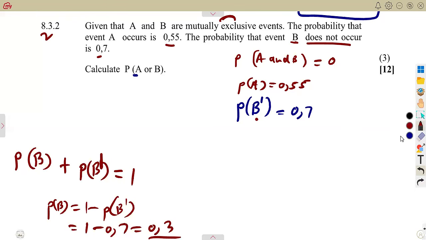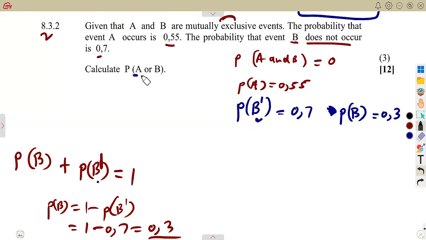So from what is not in B, we can determine the probability of what is in B. You simply subtract from 1, which is 0.3. But this is not our question. We just need to have that, because we cannot work with B complement where we need B. We need what is in B.